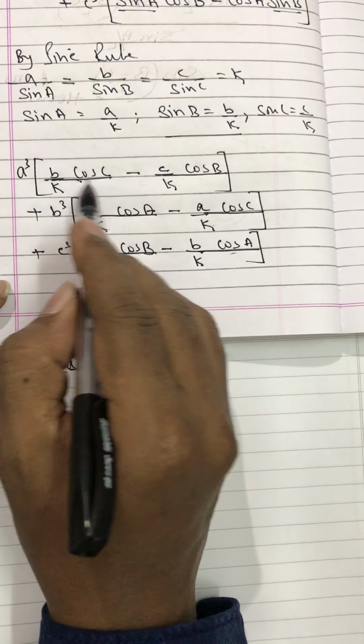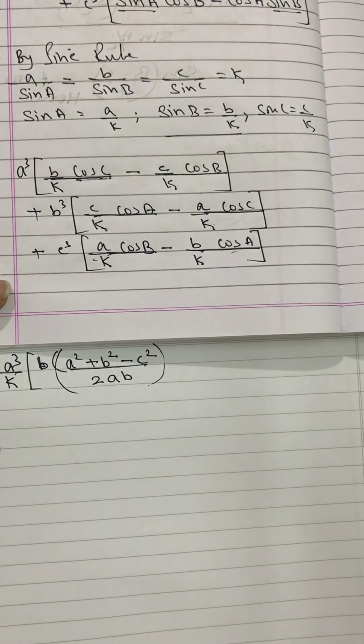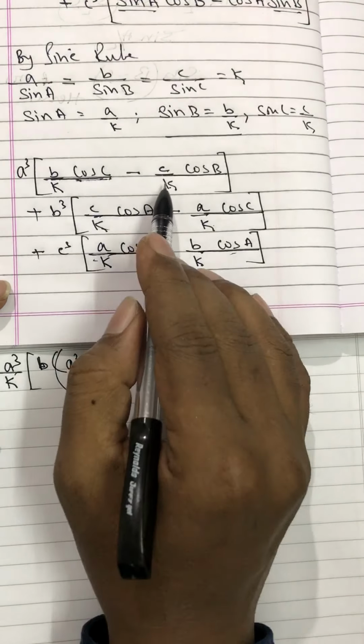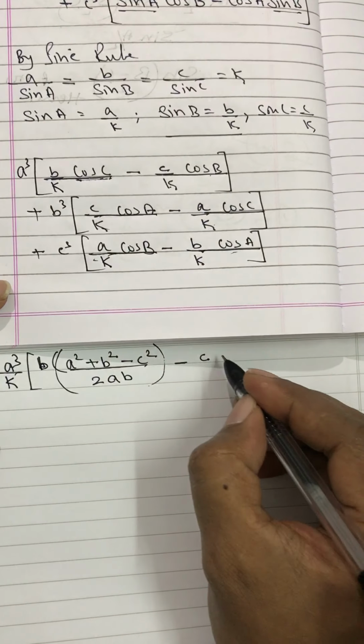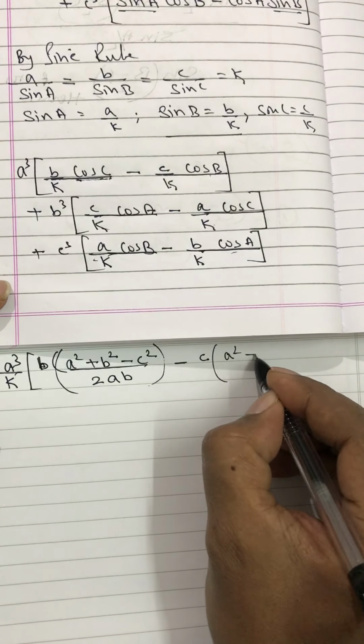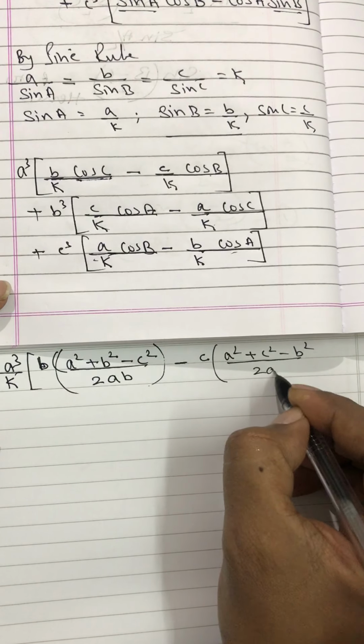Minus, K has gone outside, C, and in place of cos B I get A square plus C square minus B square upon 2AC.